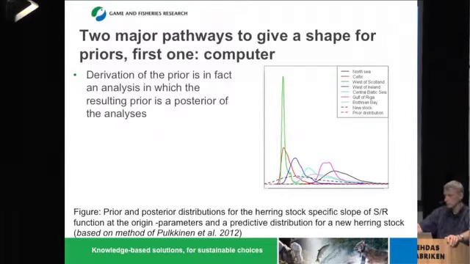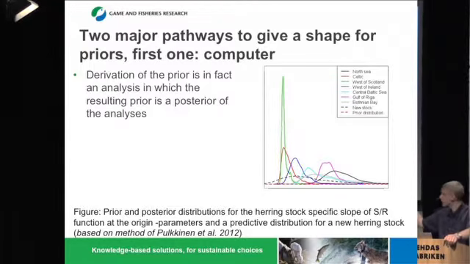It's a little bit arbitrary or artificial categorization, but anyway, one pathway is computing, really calculating the priors using a computer. And that could be applied, of course, most easily to raw data, but also in the meta-analysis of literature information.